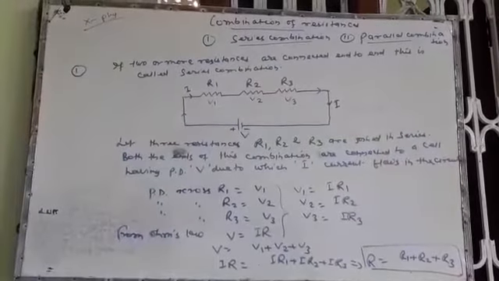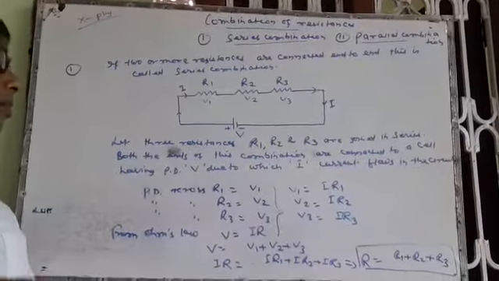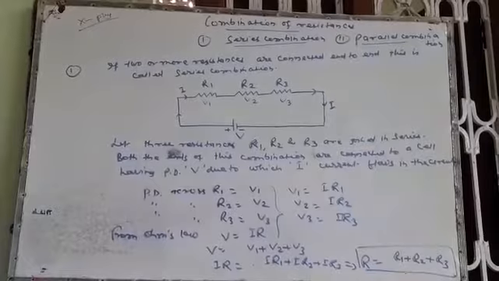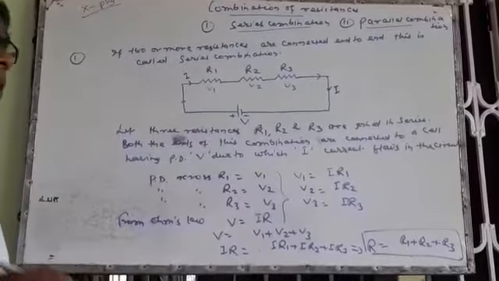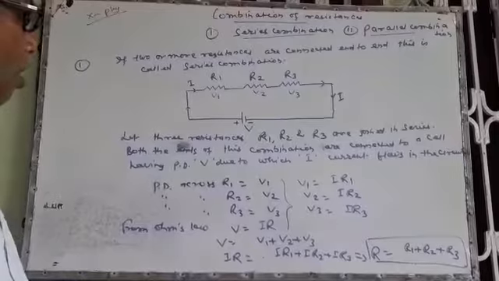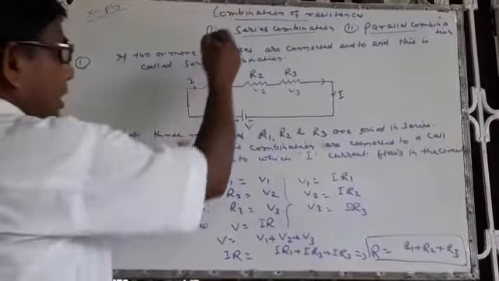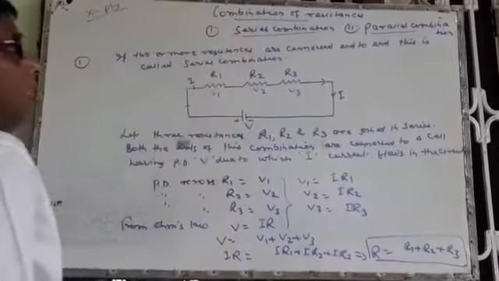It is clear from the name, series combination. Suppose that you are given two or more, that means 3, 4, 5, maybe, resistances. How are these combined? So the first way is in series.